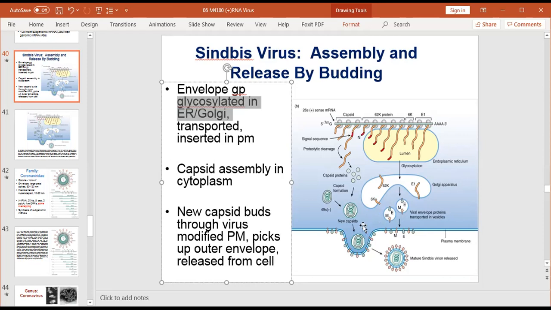The new capsid wrapped around the viral RNA will bud out of the cell through that region of the host cell plasma membrane that has been modified by the insertion of viral glycoproteins. During this process of budding, the virus will pick up an outer envelope, so there would be host cell plasma membrane wrapped around the viral capsid.